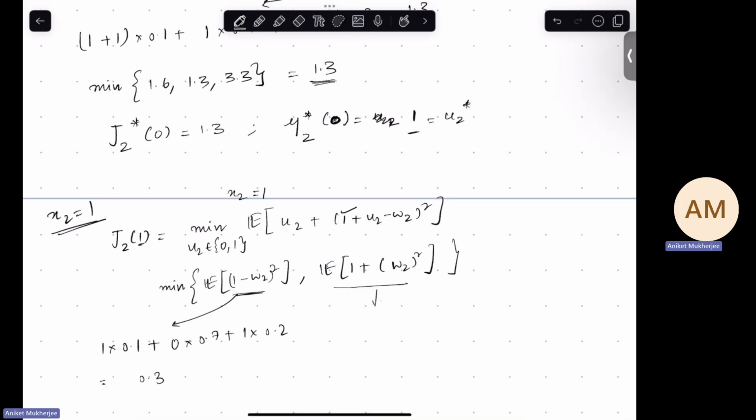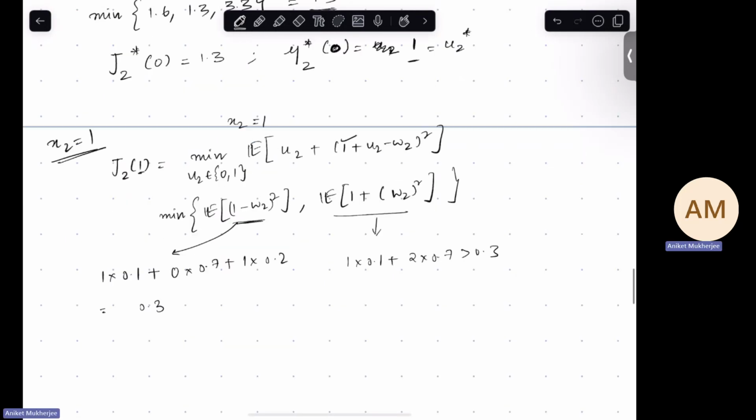And for the second, 1 into 0.1 plus 2 into 0.7 is already greater than 0.3. Therefore, J2 star of 1 is 0.3 and mu2 star of 1 is basically 0.